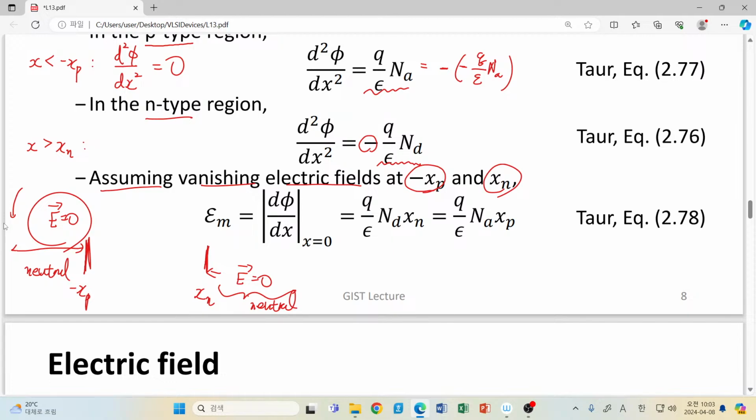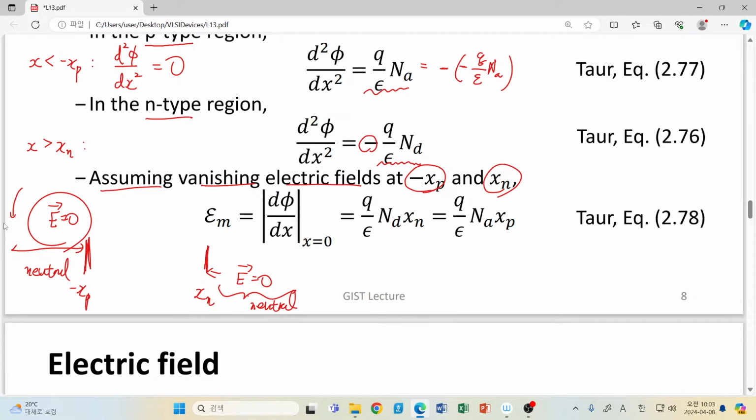Otherwise, if we expect any kind of non-zero electric field, that introduces quite a strange behavior, like we can feel the electric field far from the junction.